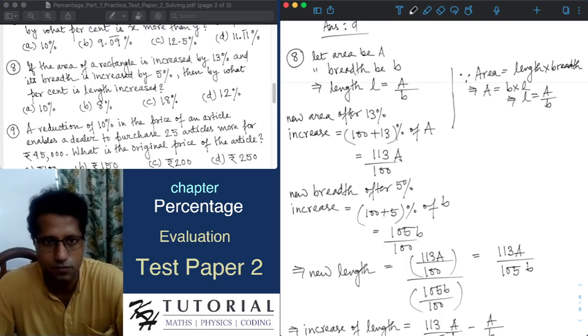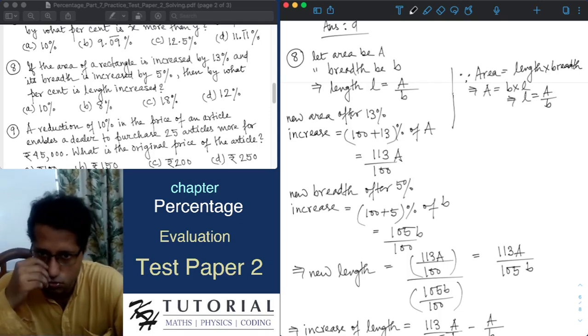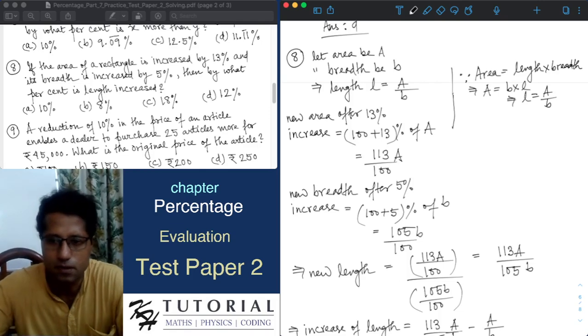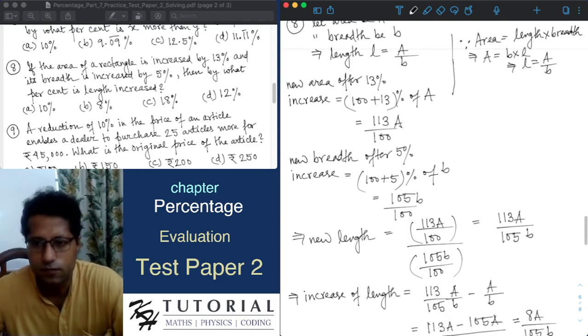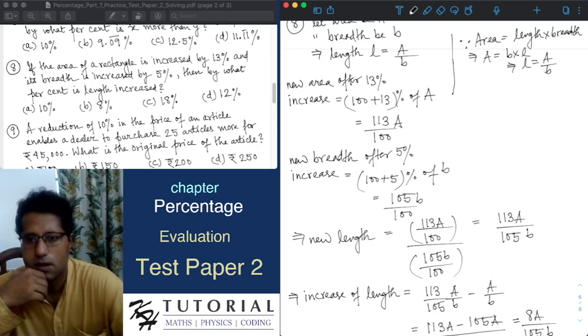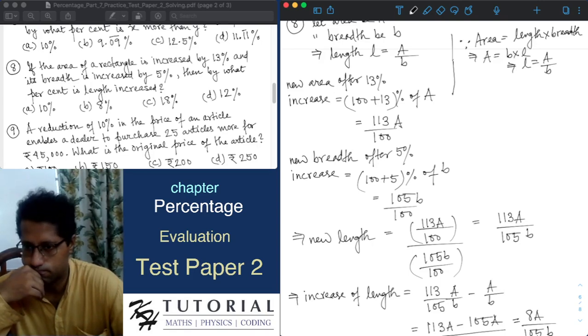Now the new breadth is increased by 5%. So the new breadth will be 100 plus 5% of B, which is 105 by 100 into B. Okay. So now the new length will be new area divided by new breadth. That is 113A by 100 divided by 105B by 100, which is equal to 113A by 105B. Okay.